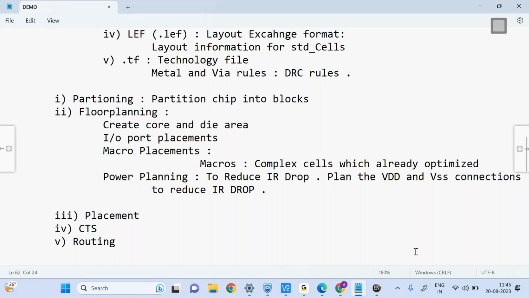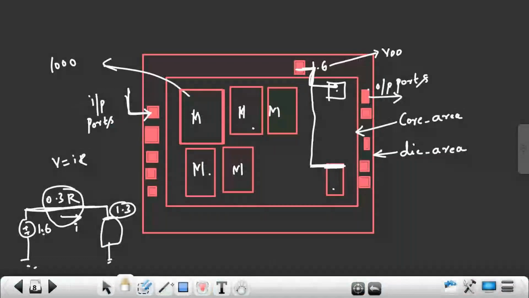So next is placement. Now we have placed only macros, meaning the layout of macros. Placement means start placing standard cells inside the core area.